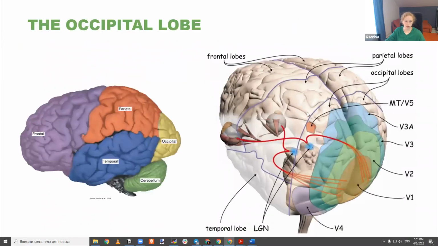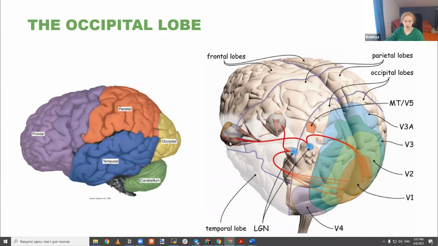The last lobe is the occipital lobe, and it's located at the posterior of the brain. It's a home of visual cortex, so the visual system occupies a large region of the occipital lobe that extends upwards to the parietal lobe and anterior to the temporal lobe, and it's organized retinotopically.